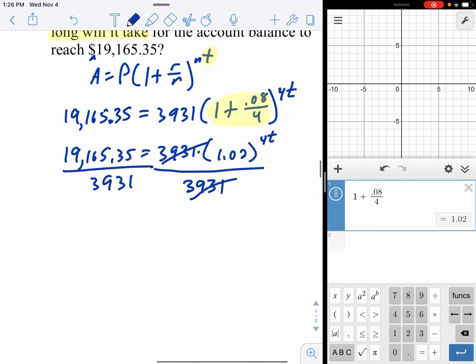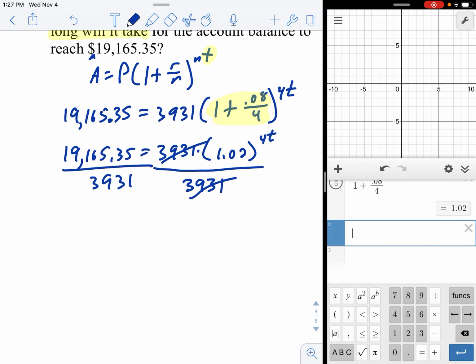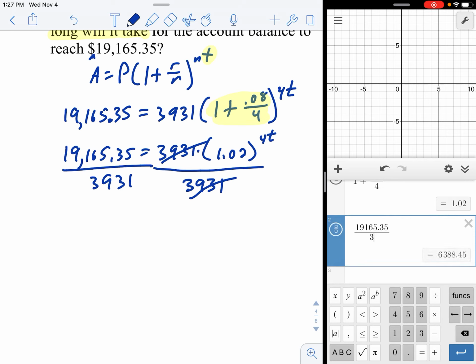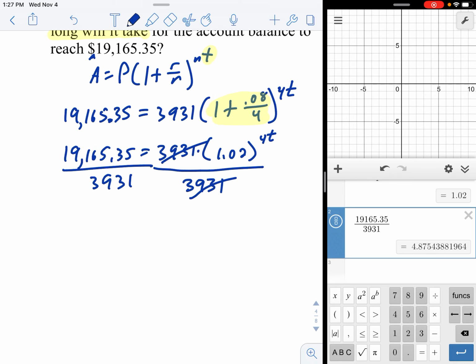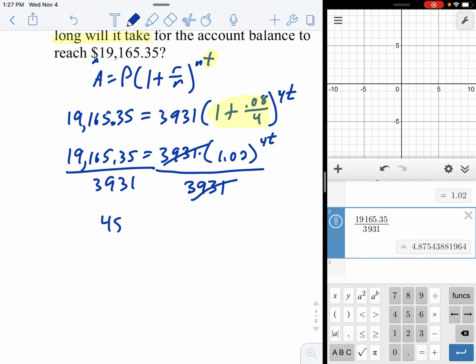Cancel that out, and then obviously grab a calculator. 19165.35 divided by 3931. Okay, if I don't talk while I do it, I have a better chance at doing it right. So 4.8754 equals 1.02 to the 4t power.